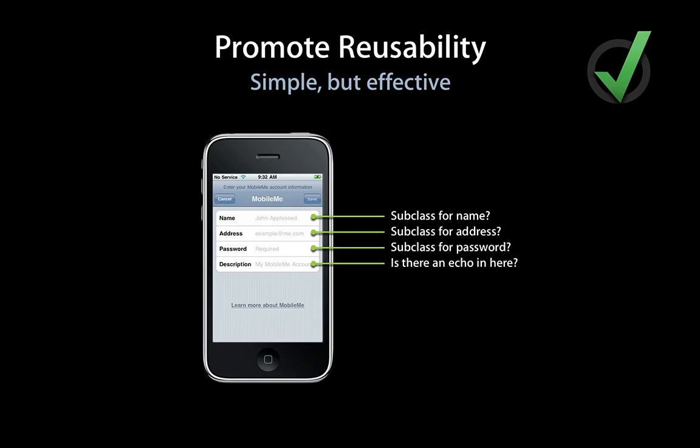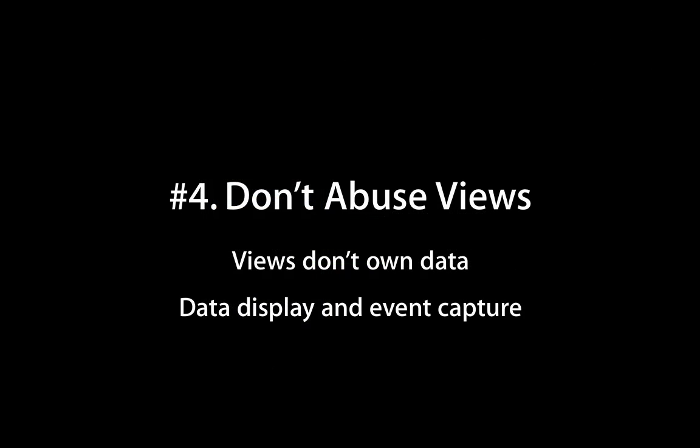If you don't have this data hooked up in your view, when it comes time to add another field because your marketing department or management says you need one, you don't end up bloating this view with all of these different pieces of data that could possibly be represented in it. So keeping the data out of your view helps to promote reusability. Okay, so don't abuse views. It's really about data display and event capture, not data ownership.